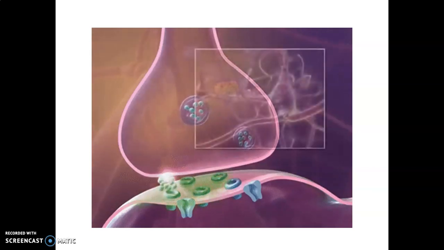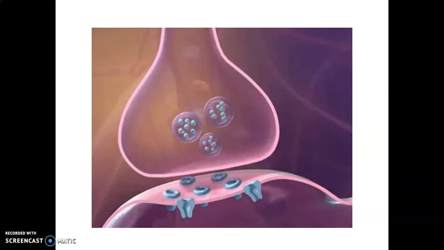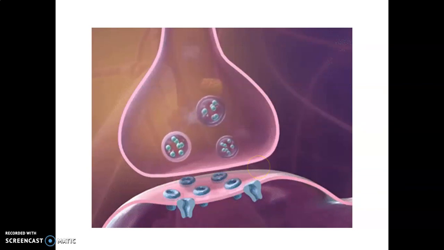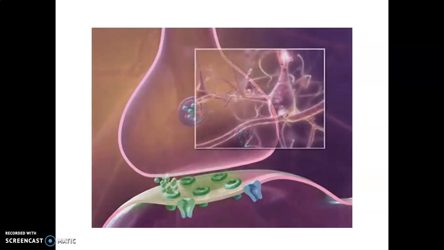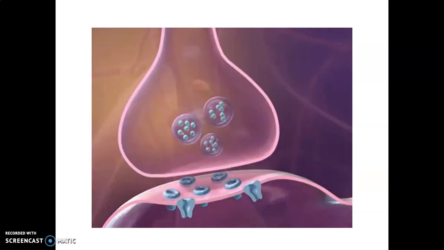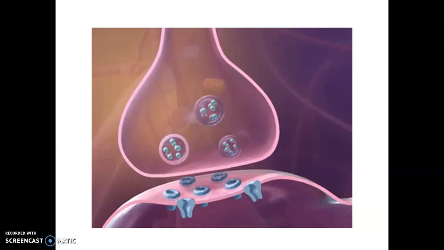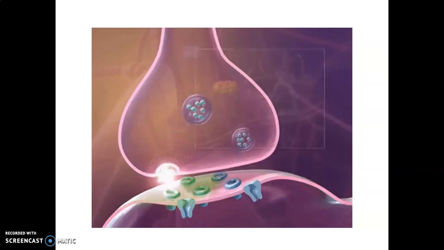So, transmission of an impulse across electrical synapses is very similar to impulse conduction along a single axon. Impulse transmission across an electrical synapse is always faster than across a chemical synapse. Electrical synapses are rare in our system.